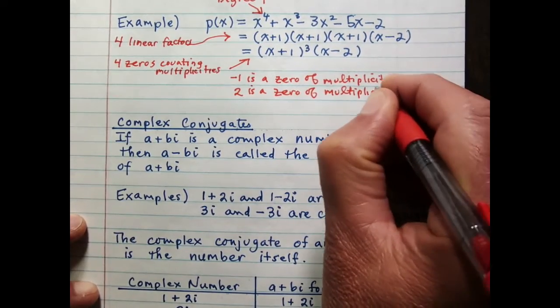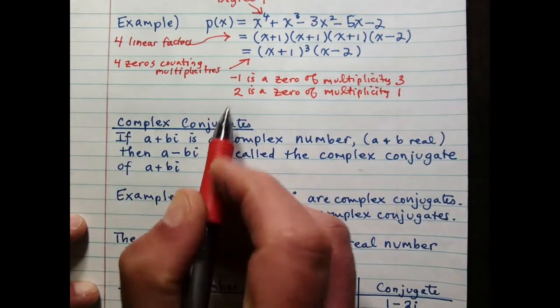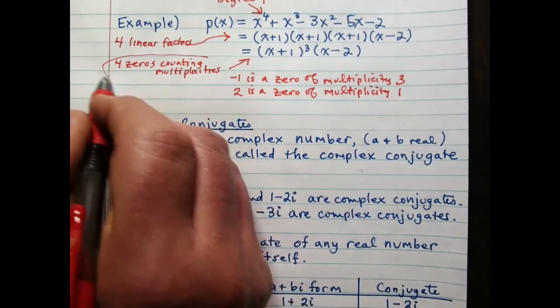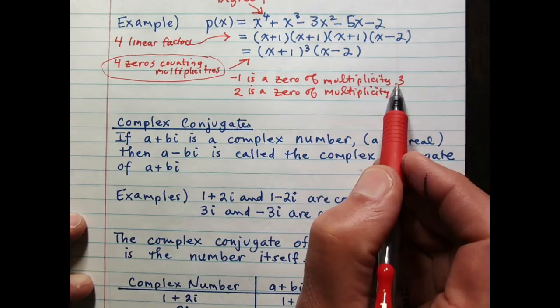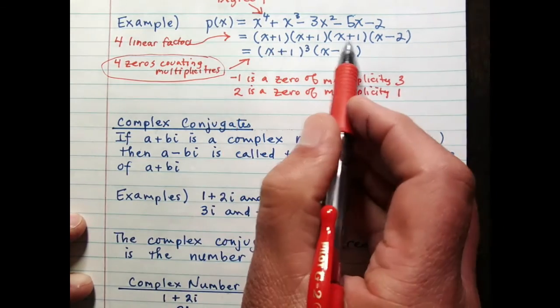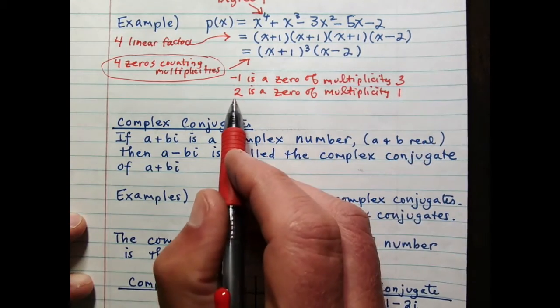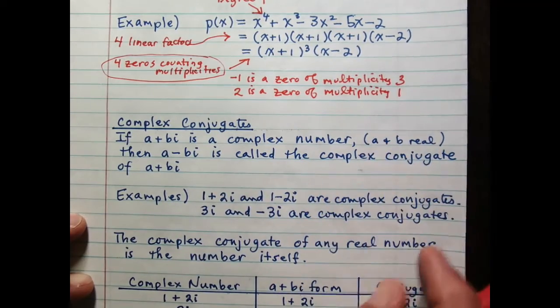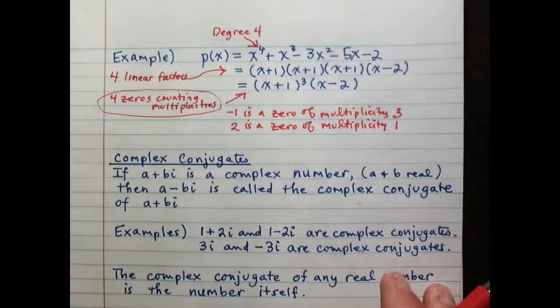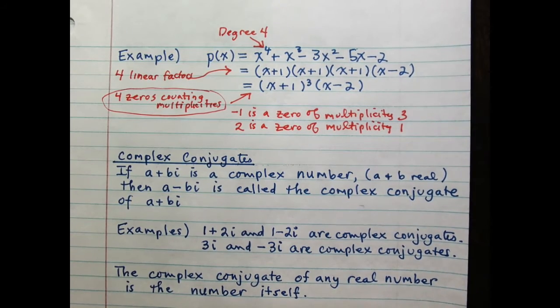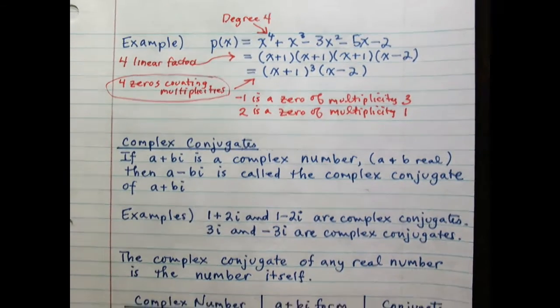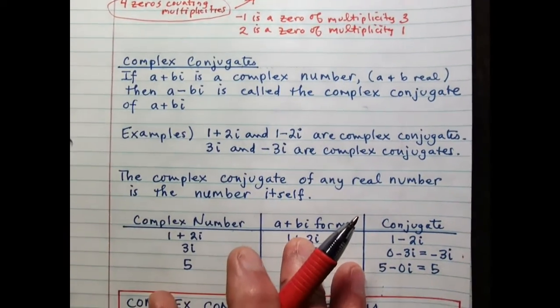So you might not like the way we say this, but we say there are 4 zeros counting multiplicities because we kind of count -1 3 times because it has 3 factors of x plus 1. And we count 2 just once. So this is an illustration of the fundamental theorem at work, with the factors and zeros all nice numbers, no ugly looking square roots or complex numbers involved there.